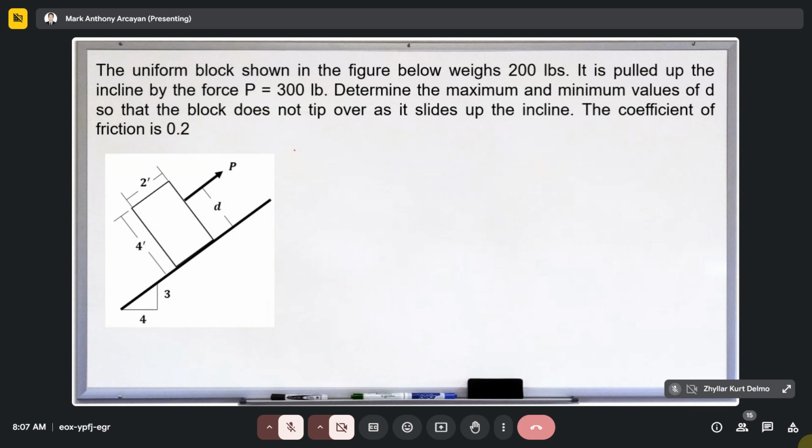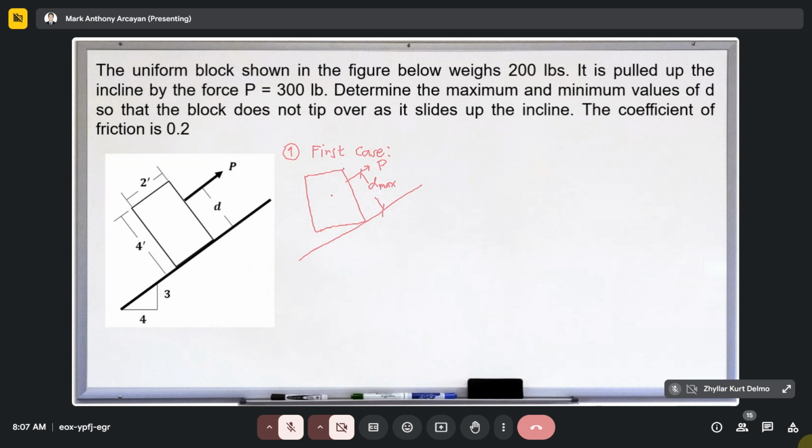Okay. Now, let's proceed to the first case. This will happen if we increase the height of the point of application of P. We have here P, and this is our D max.